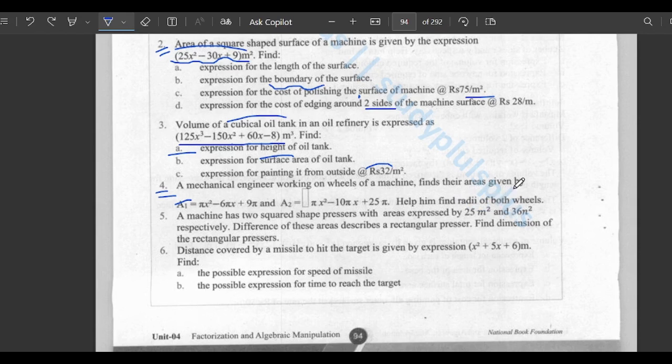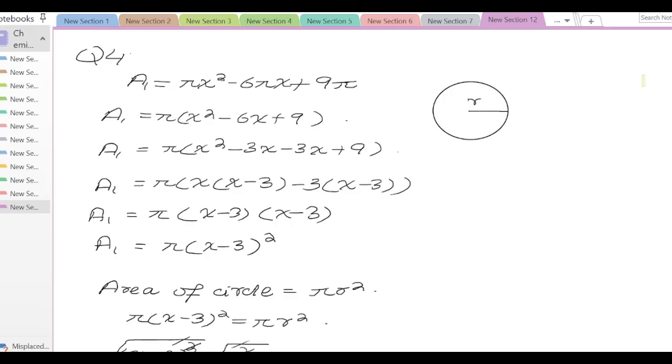So in order to find the radii for both of the wheels, we will find the radius for the first and then the second. If you look at the first expression, here we have pi x square minus 6 pi x plus 9 pi. If you look at the three terms, pi is being used three times, so we will take it as a common factor.